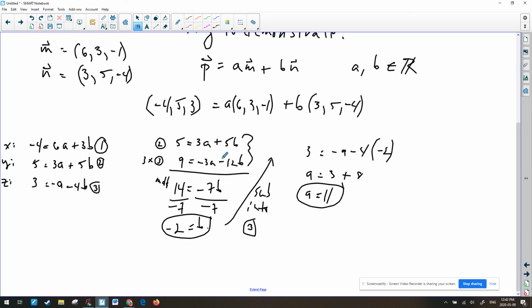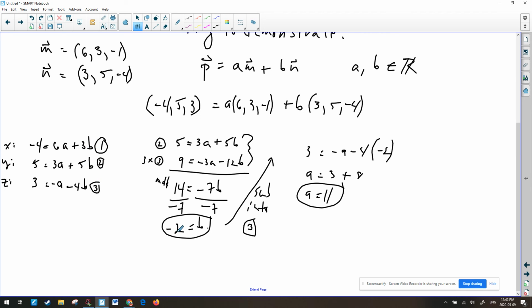If the third equation that I did not use holds with these two values, what it means is that these three things are coplanar, because I have found a value that makes this true. Okay, so I want to go back, and I'm sure I made a mistake.